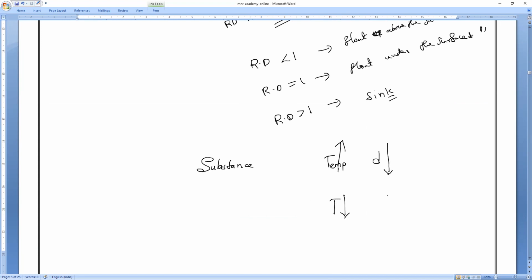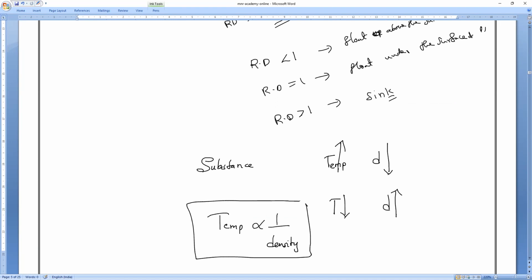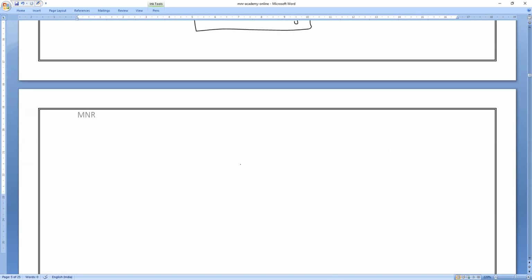Temperature decreases, density increases. So, temperature is inversely proportional to density. This is the basic phenomenon for every substance. Of course, it is for water also.